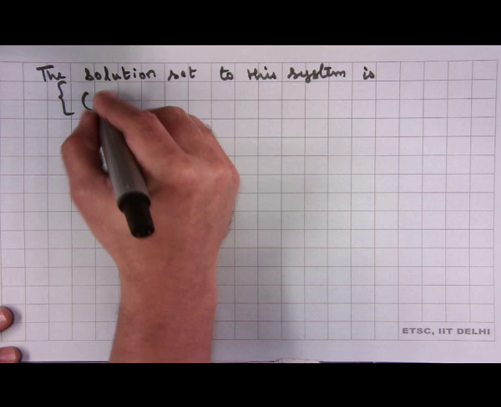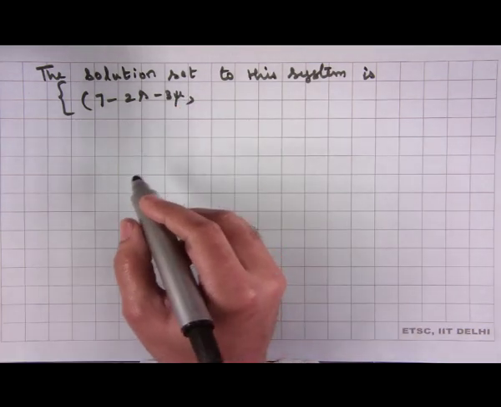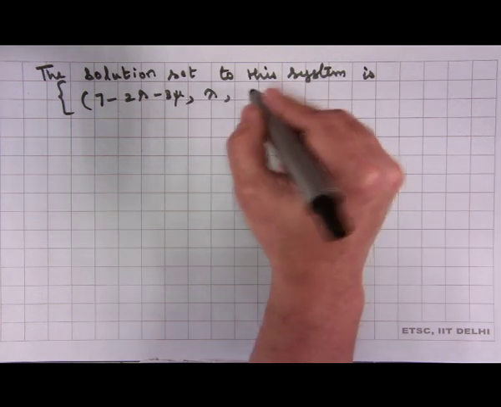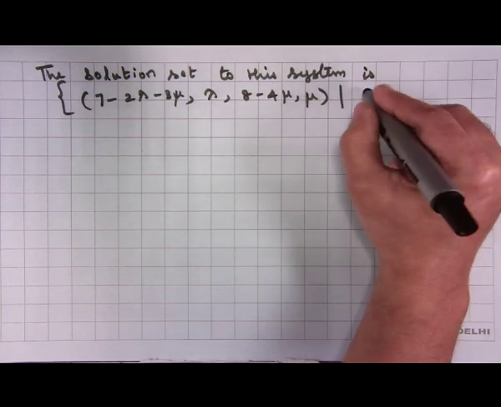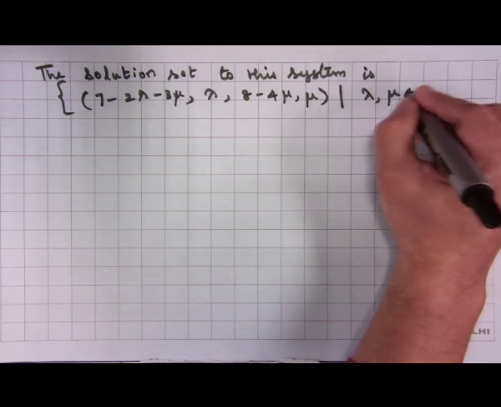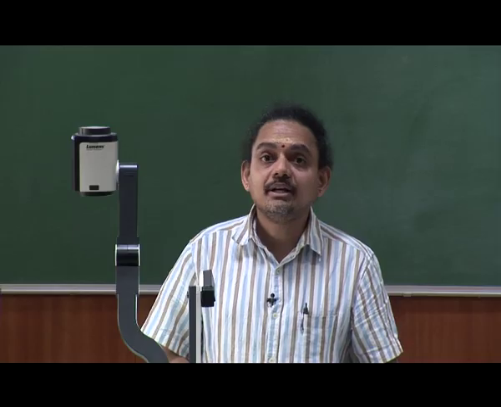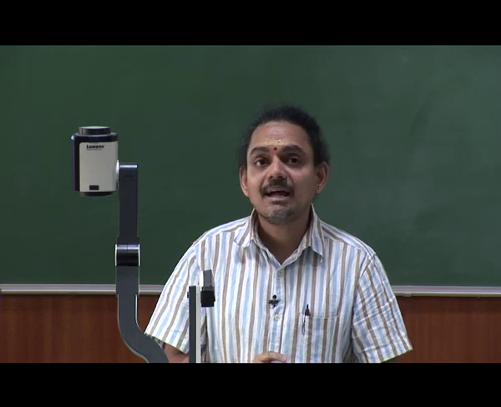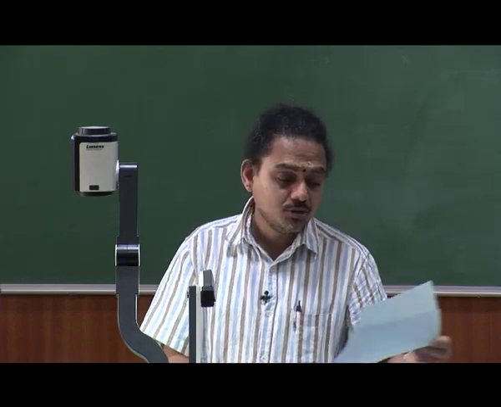Therefore, the solution set is (7 minus 2 lambda minus 3 mu, lambda, 8 minus 4 mu, mu), with the condition that lambda and mu both are real numbers. So we have an infinite number of solutions; for each lambda and mu you get a different solution. As lambda and mu vary, the solution keeps changing. That is what we observed through this example.